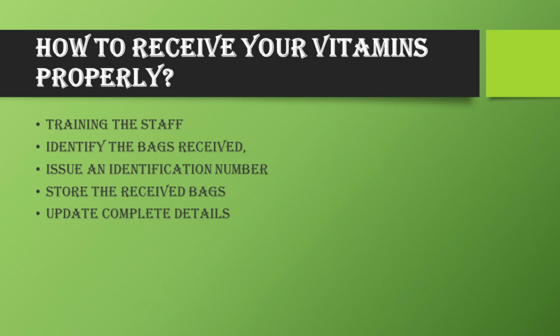Issue an identification number to the received lot linked to each bag. Store the received bags at the appropriate area with the appropriate labeling. Update complete details into your system and keep the raw material quality records for better traceability.